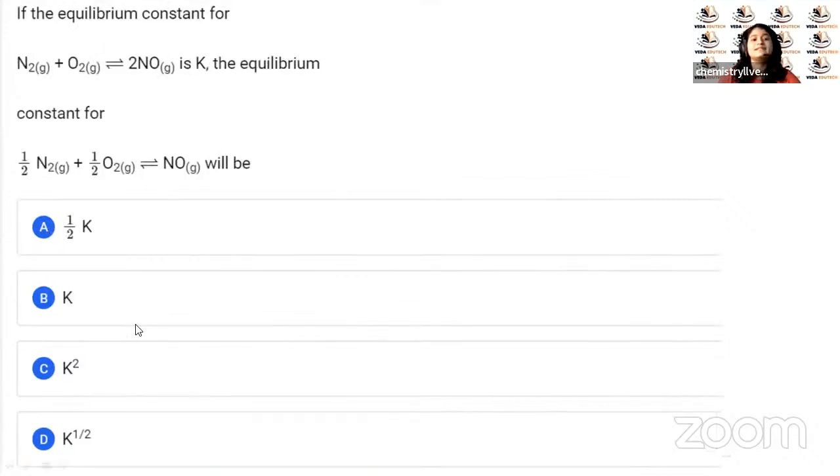Okay, now this is an easy one. Everyone try this based on whatever concept we read. This is an easy question. Try this, everyone, and tell me which option is going to be correct.